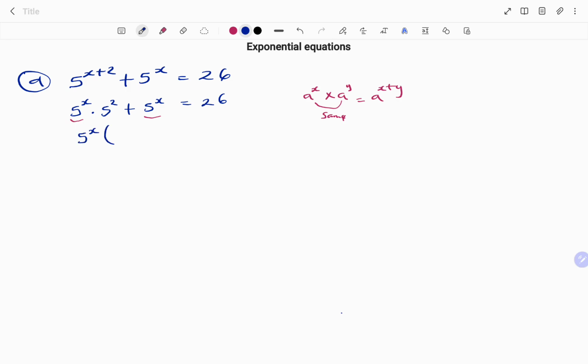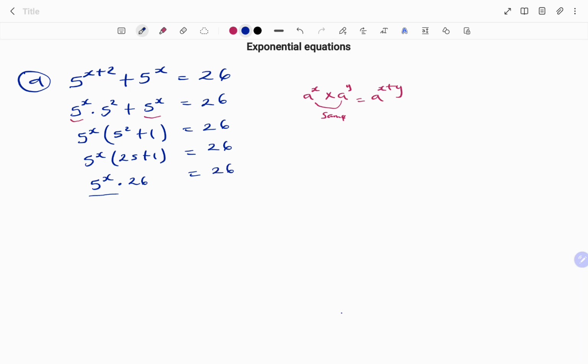I'm left with 5 to the power of x in brackets, 5 to the power of 2 plus 1, equals 26. 5 squared is 5 times 5, 25, plus 1 equals 26. So 5 to the power of x, 25 plus 1, that's times 26 equals 26.